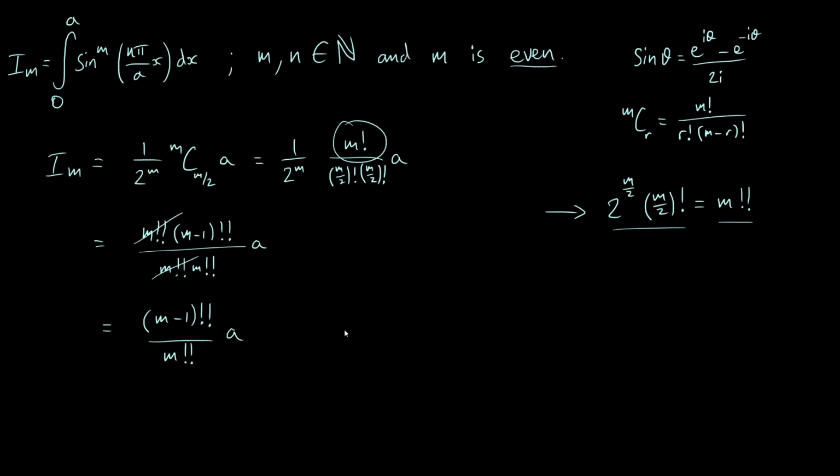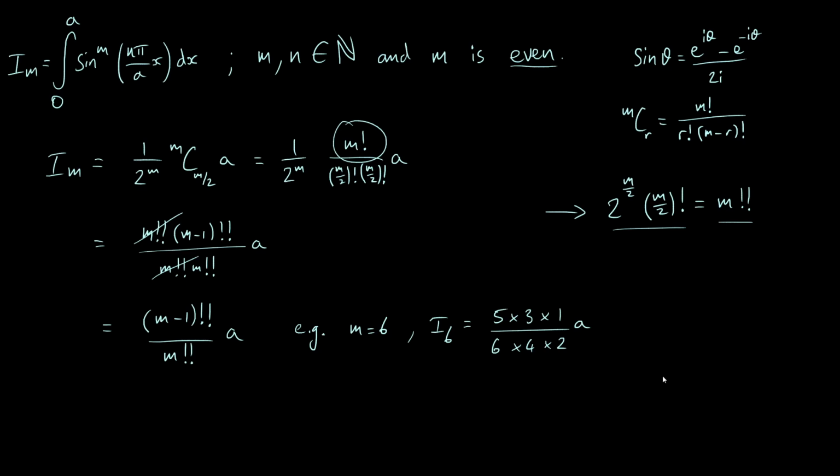Just to really illustrate what that means, remember m is supposed to be an even number, so if we take m to be 6, what would that mean? Well, I6 would be 5 times 3 times 1 divided by 6 times 4 times 2, multiplied by a.